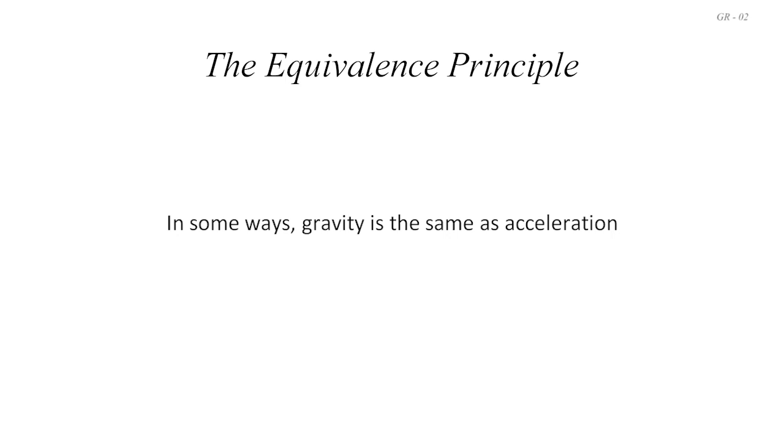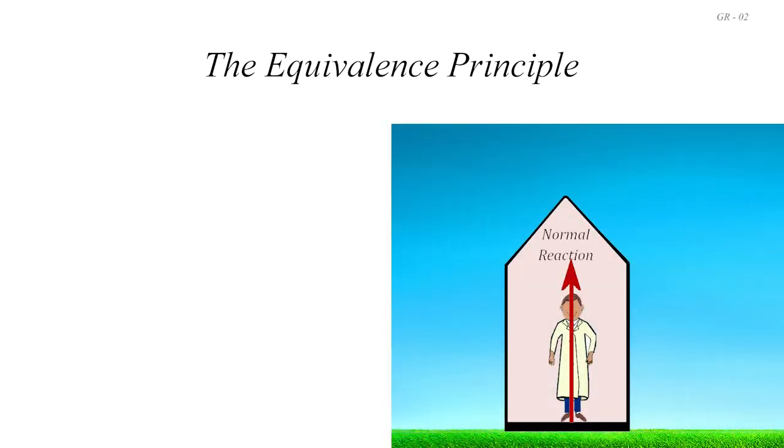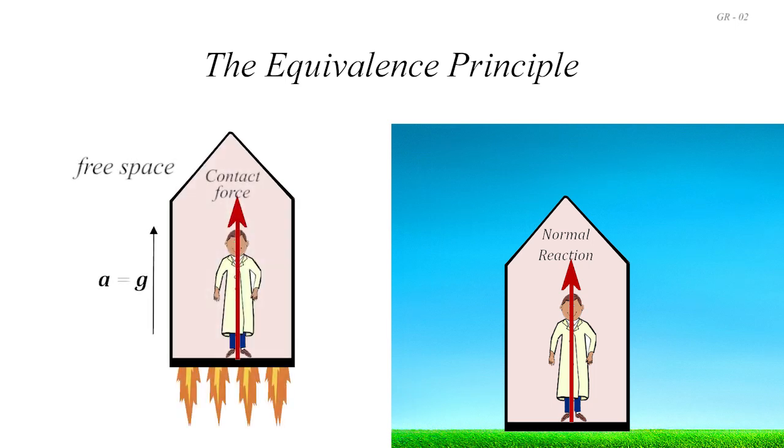And I suppose another way of saying this for the situation that we've just imagined is that feeling the normal reaction from the floor that keeps us at rest in the uniform gravitational field g on the Earth's surface is the same as feeling the contact force that would give that same acceleration g when out in free space.